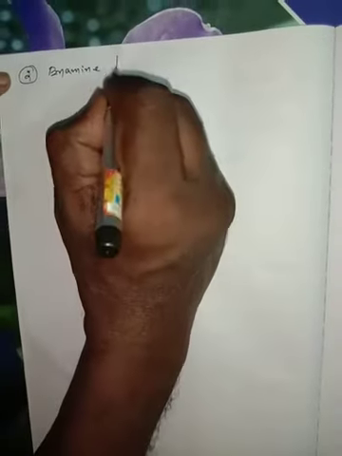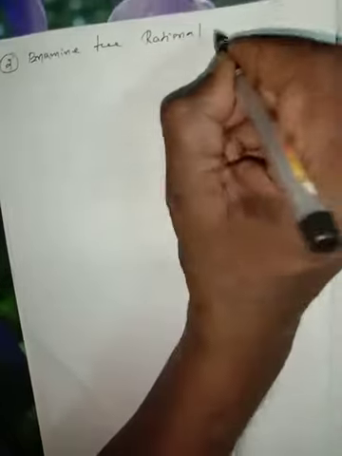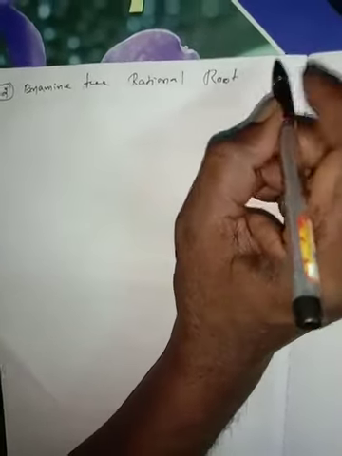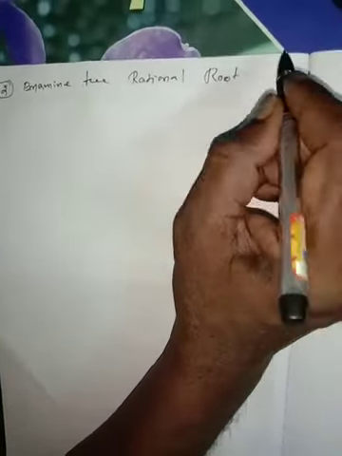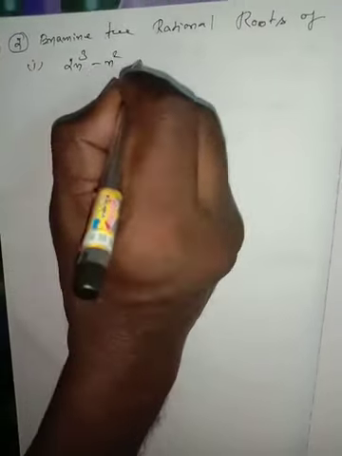Examine the rational root of 2x power 3 minus x square minus 1 is equal to 0.